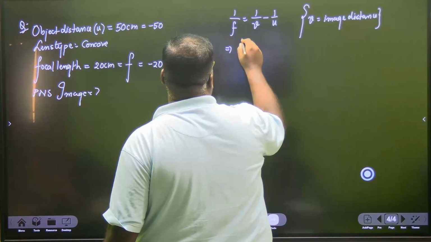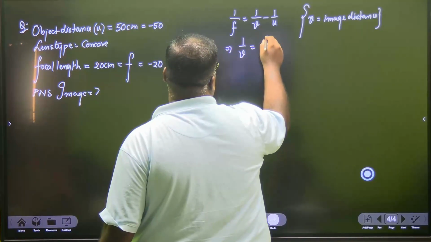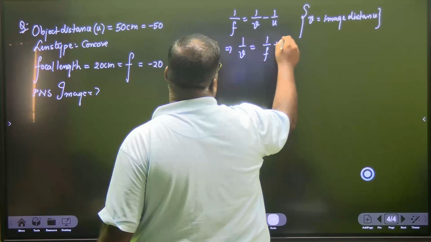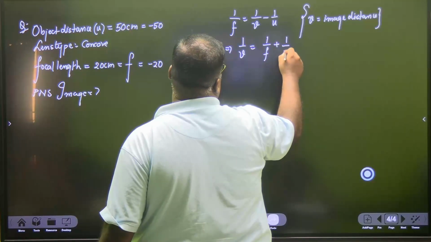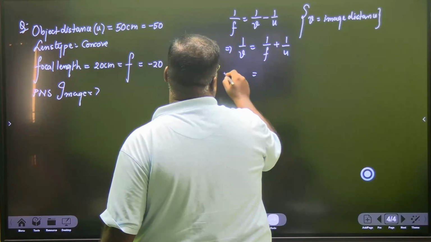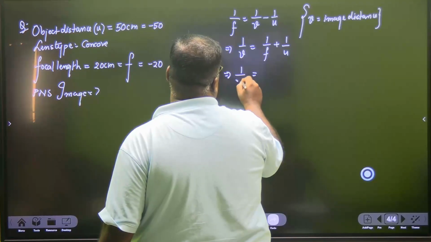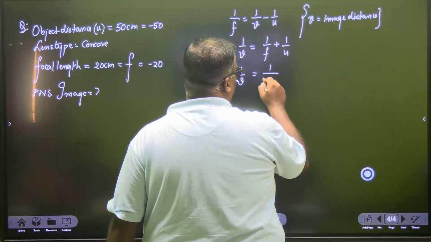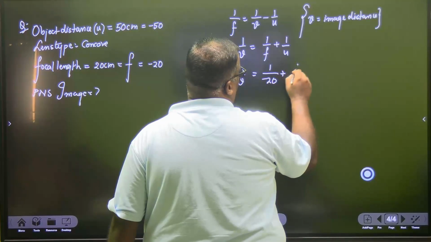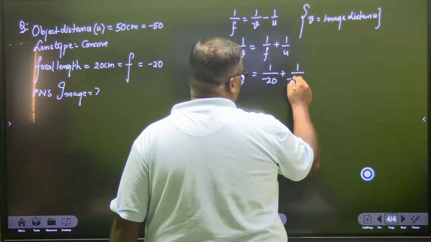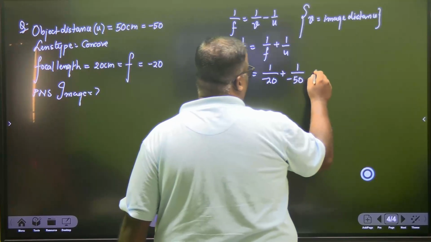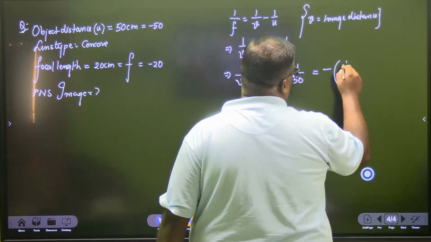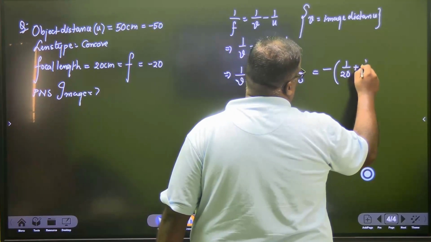Or we write 1 upon V is equal to 1 upon F plus 1 upon U. So 1 upon V is 1 by negative 20 plus 1 upon negative 50. So this becomes negative, common, 1 by 20 plus 1 by 50.